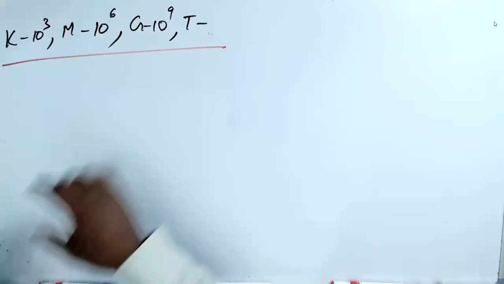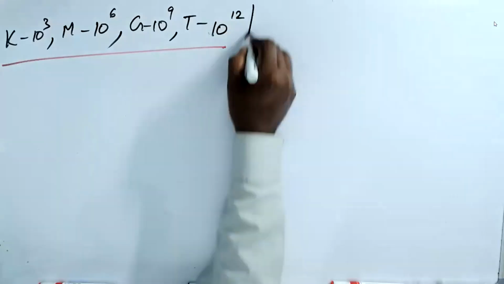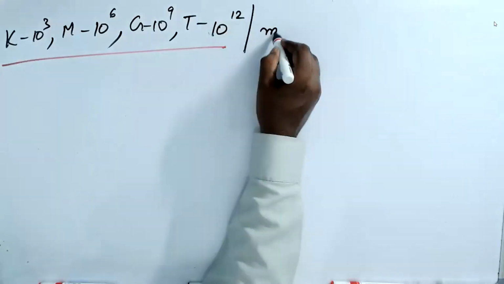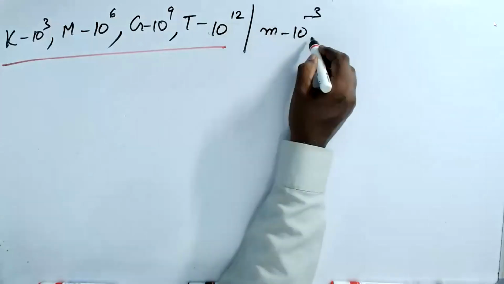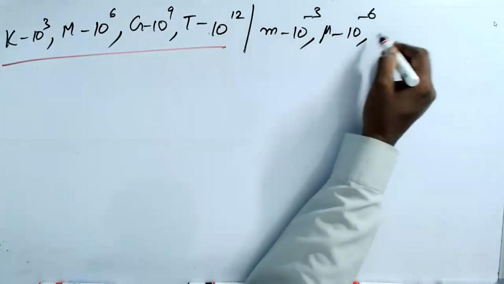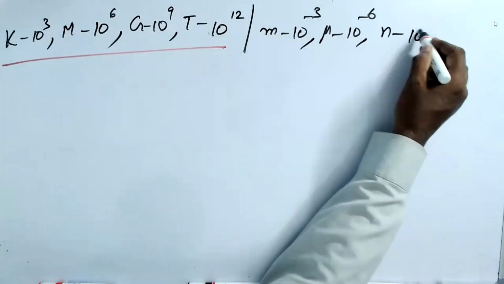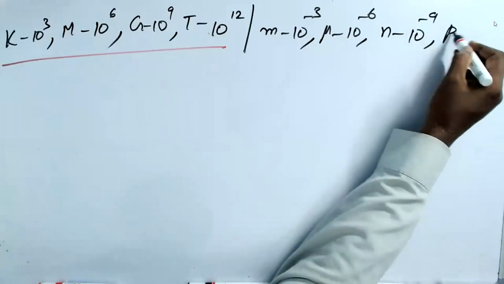Milli means 10 power minus 3. Micro means 10 power minus 6. Nano means 10 power minus 9. Pico means 10 power minus 12. That's it. Very simple math.